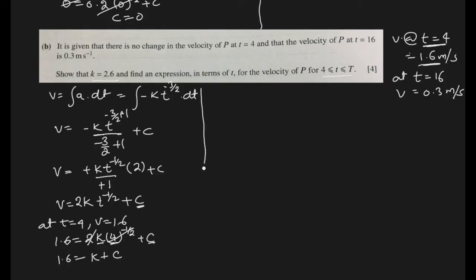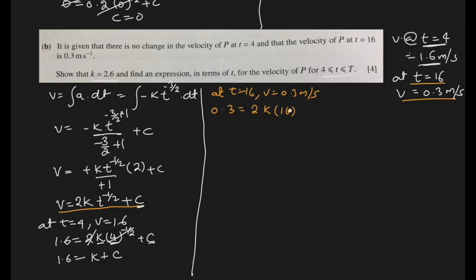Okay, let's get one more equation. And how will we get that equation? We'll get it with this situation. At t equal to 16, v is 0.3 meters per second, and the same equation I will use, which is 0.3 equal to 2k, t is 16 to the power minus half, plus c.